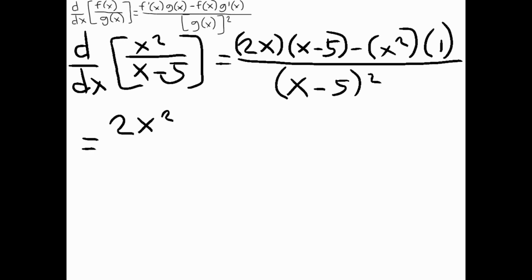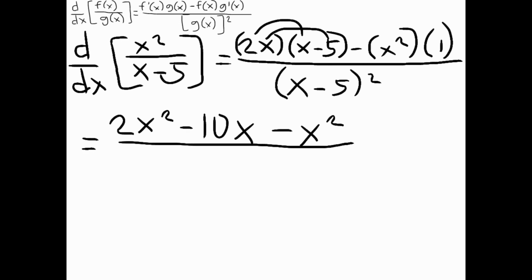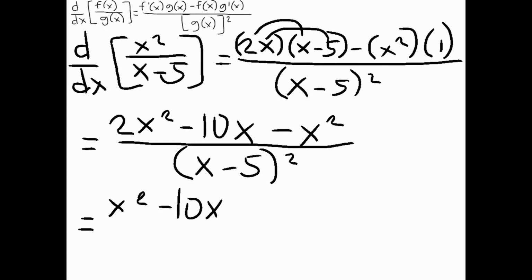We can get 2x squared minus 10x minus x squared times 1, which is x squared, all over x minus 5 squared. And then simplify, which gives us the result x squared minus 10x all over x minus 5 squared.